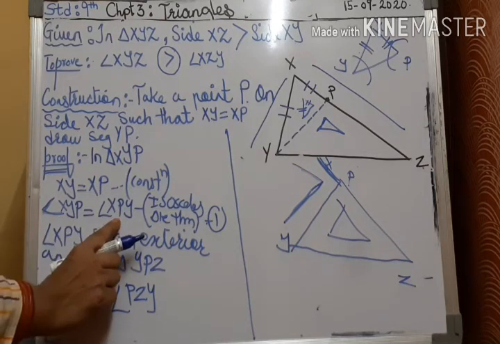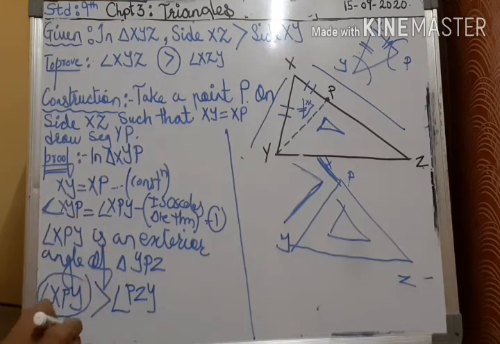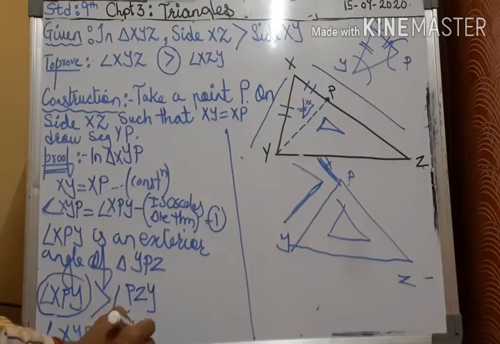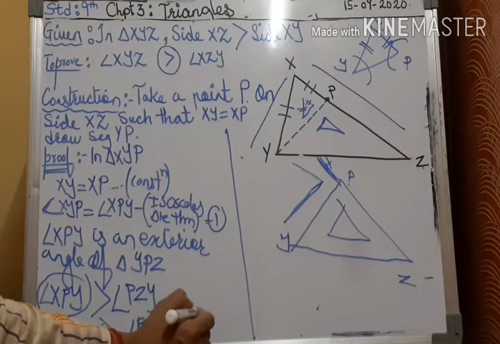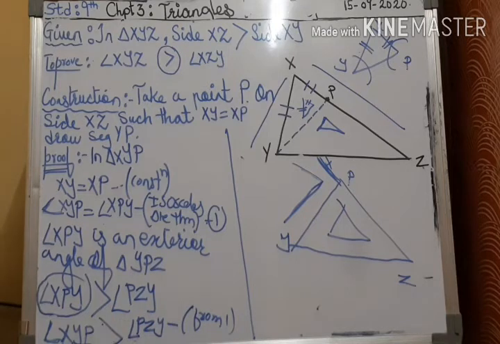So in the place of XPY we will put another value, XYP. XYP is greater than angle PZY. We write this from 1.